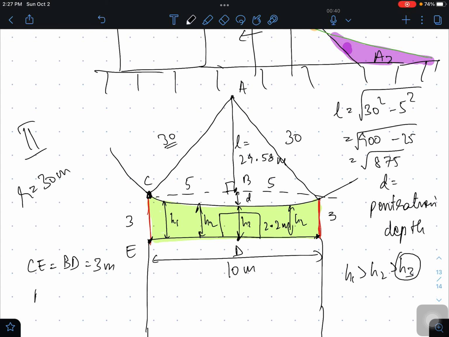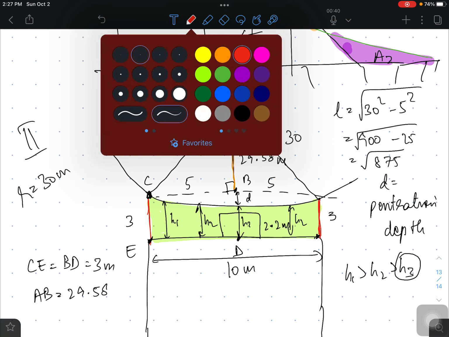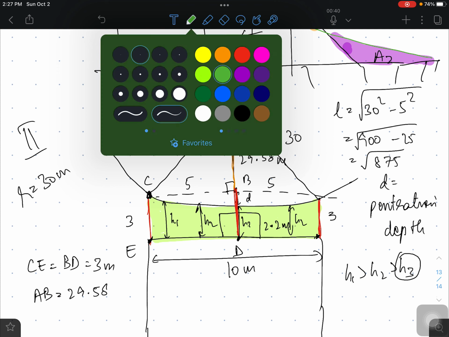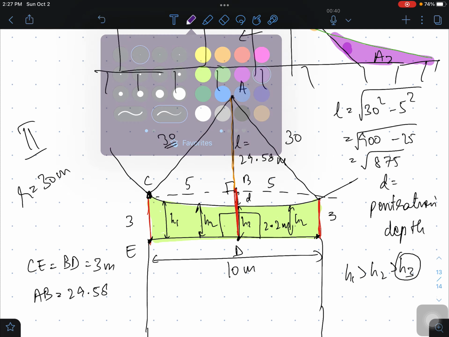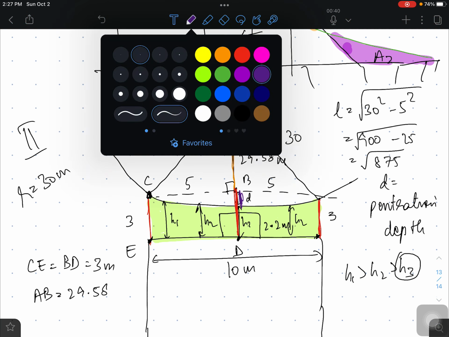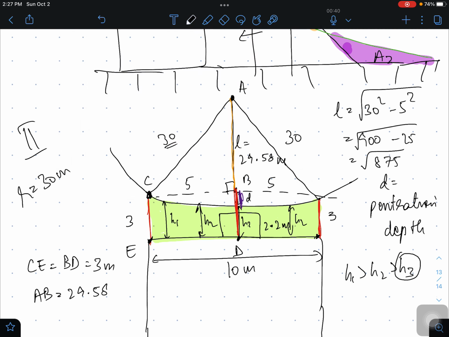Now we know that AB with us is 29.58. This is AB, which I am coloring in orange, and this is BD, which I have colored in red. We need to calculate this penetration depth, which I am coloring in purple. But we know that from this point A to this is the radius of the sphere.